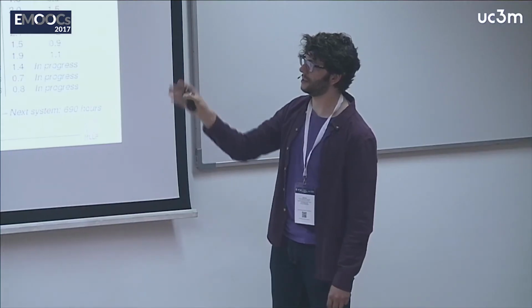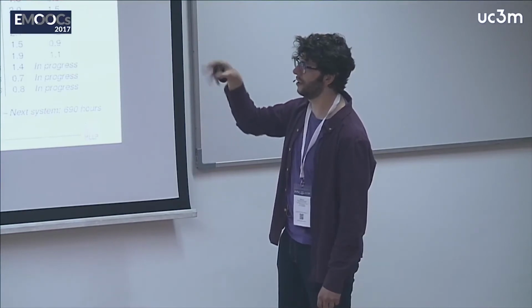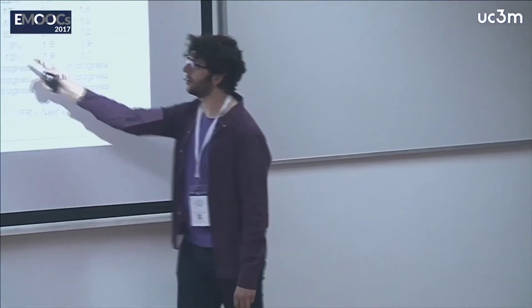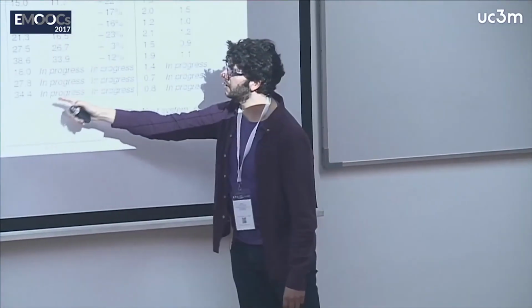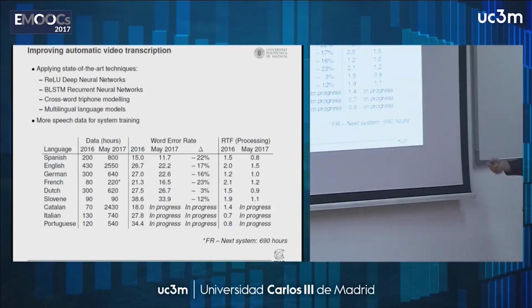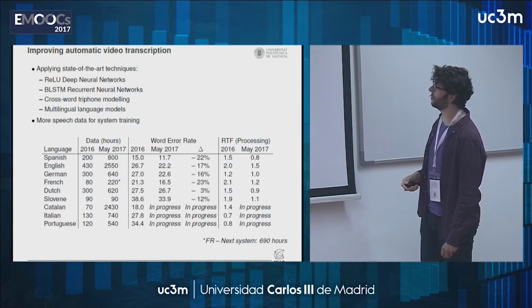To the left, there's the data we had in 2016, and now the hours of speech data we have now for each language, more and more for each language. And this is the word error rate, how it was in 2016, and how it's been reduced this month, because many of these new systems are coming live now.